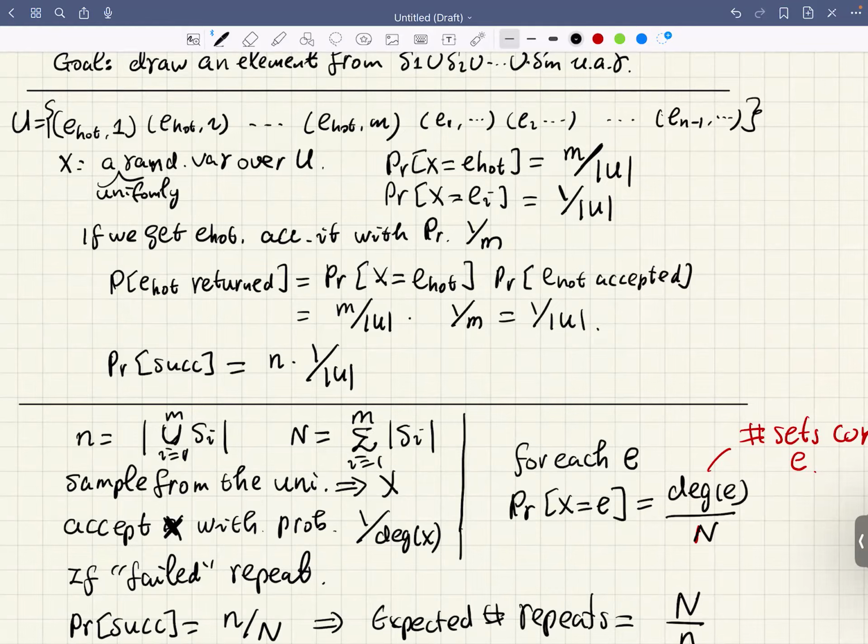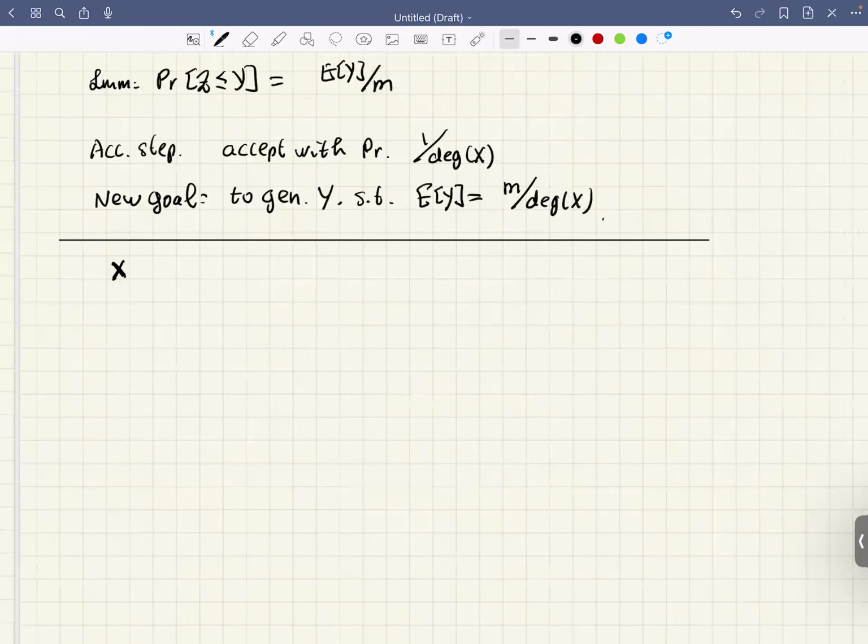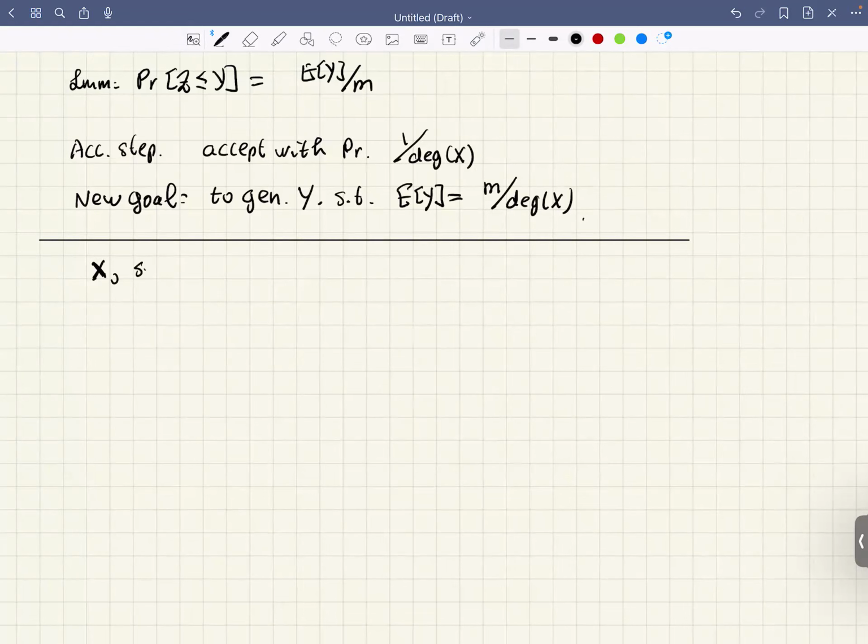So now we're looking at this x together with a set ID, call it small s. This is what you get at this point.